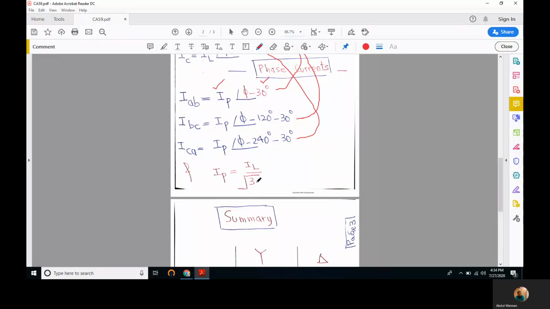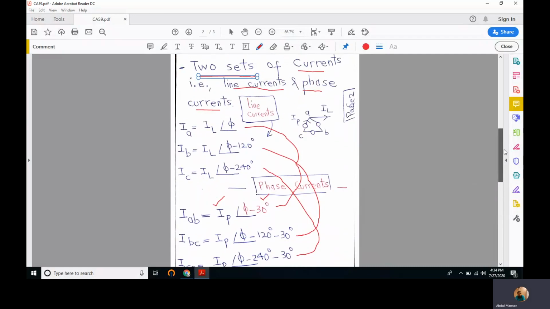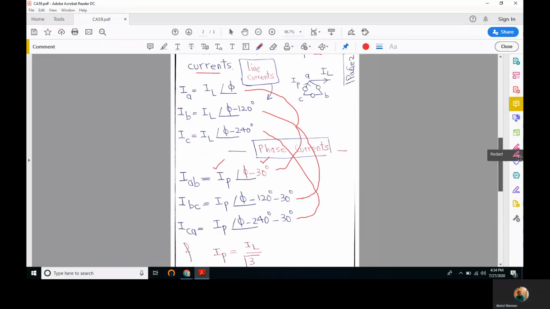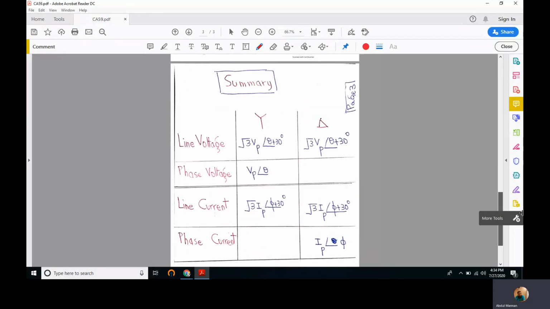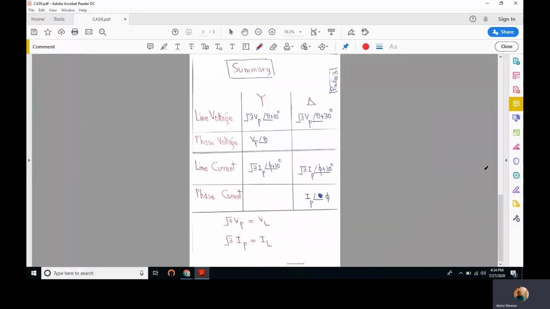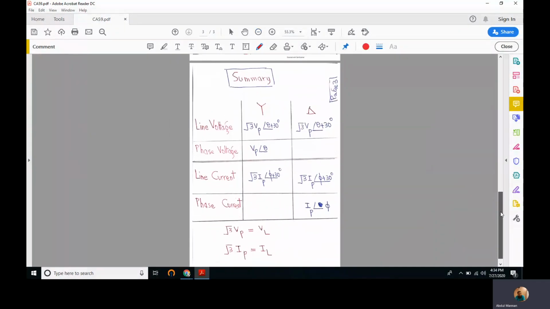Right. So in order to summarize what we have studied for Y and delta connected systems, let's make a summary in tabular form. Here I have made a summary in tabular form to better understand the Y and delta connected systems.